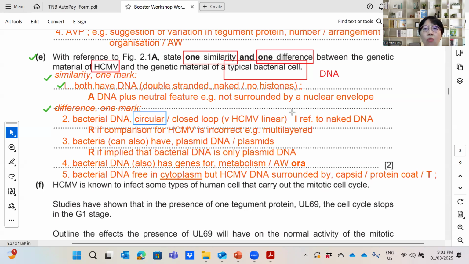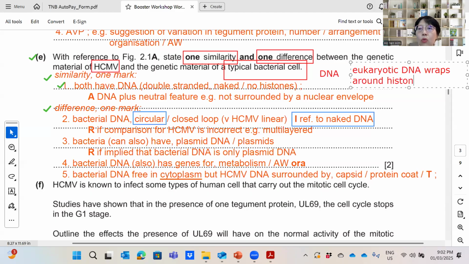You see, ignore reference to naked because I think the viral DNA is also naked. Naked means what? It does not wrap around histone protein. Only eukaryotic DNA wraps around histone protein.